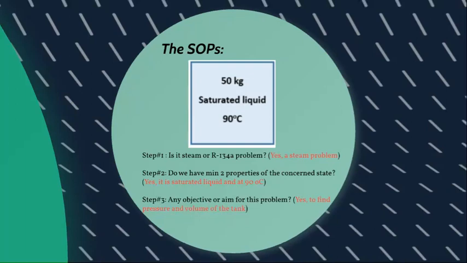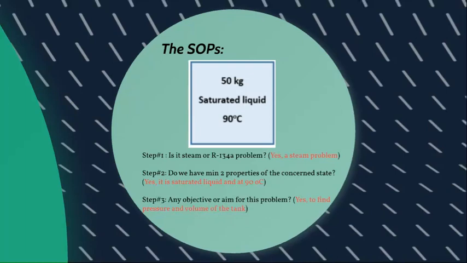From the statement, we can be sure that we are dealing with a steam-related problem, so we are okay to go to the next step. Then you can find two properties in the problem given, which clearly state that the water is at saturated liquid and at 90 degrees C. Do note that the statement of saturated liquid is one of the two properties that we are looking for.